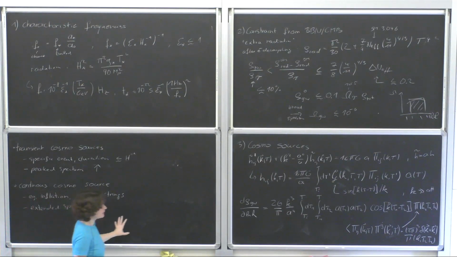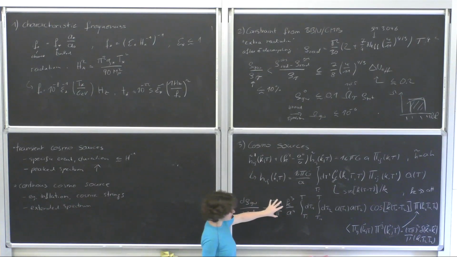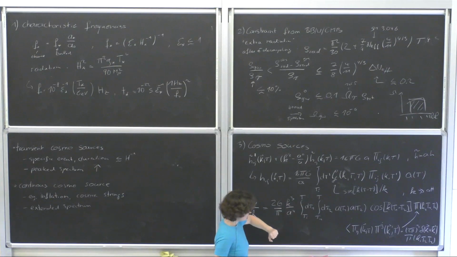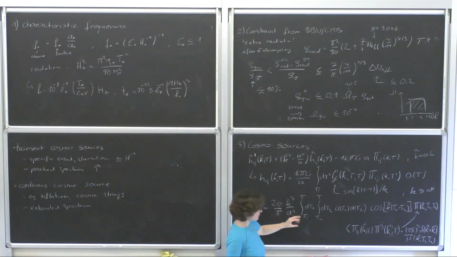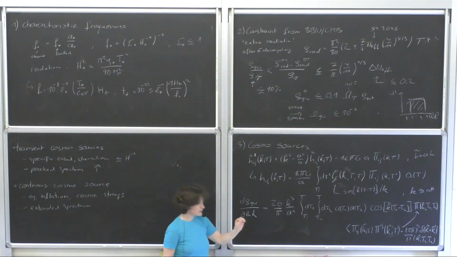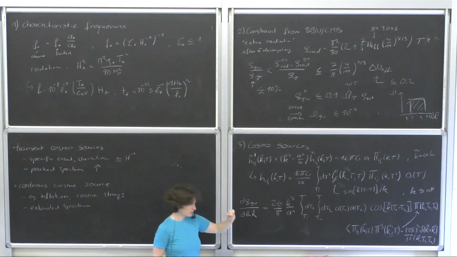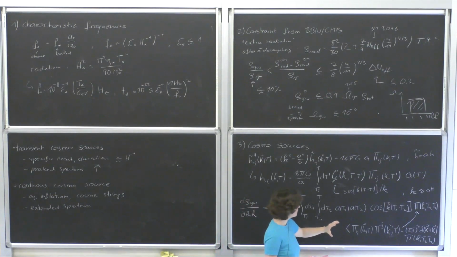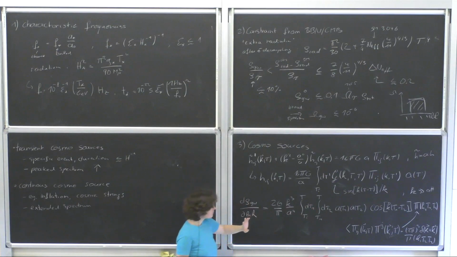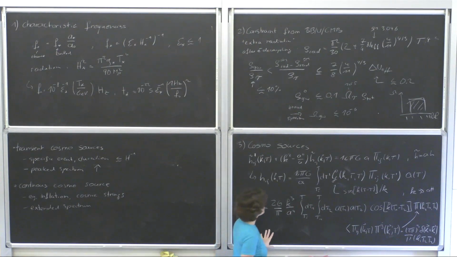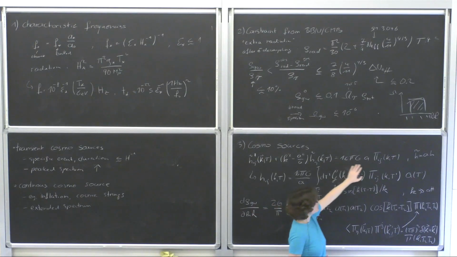If it's more complicated, you will have to go back to this integral, right? So if you recall for inflation, there were two things that entered, right? One was the primordial power spectrum. Actually, I don't want to apply this to inflation, right? Because in inflation you don't really have the source.